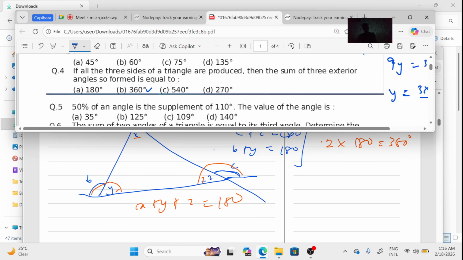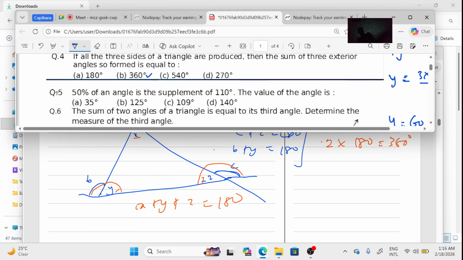Hope that is understood. Based on the examples I've done earlier, this question 5, I think you should be able to do it on your own. The question says 50% of an angle is a supplement of 110.